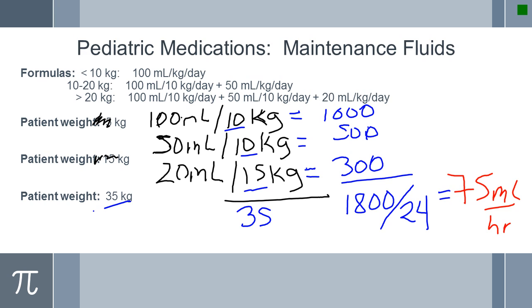So then when our child is more than 20, I'm going to scribble those out so you don't get confused. When our child is more than 20, like this one is 35 kilograms, now we're going to use the 100, the 50, and the 20. So we're going to have 100 milliliters per 10 kilograms.